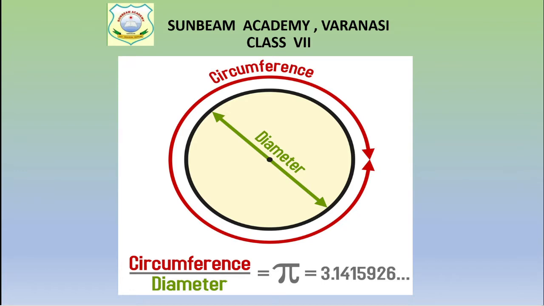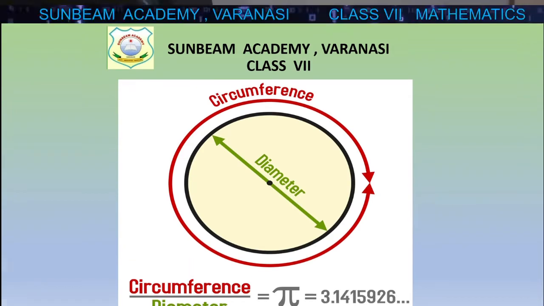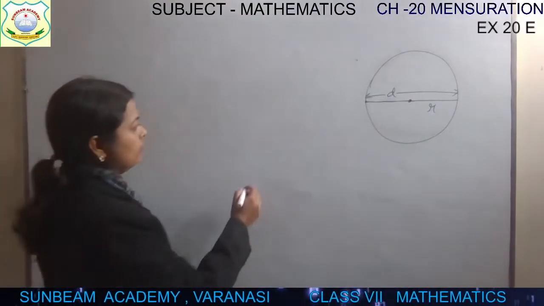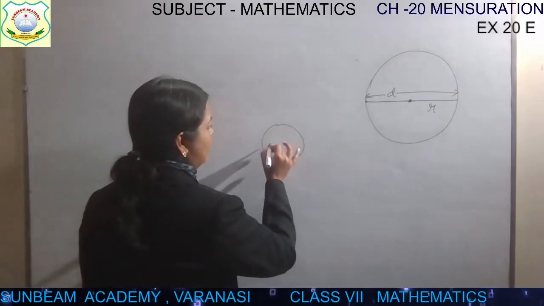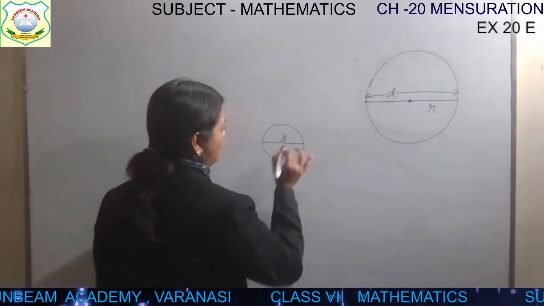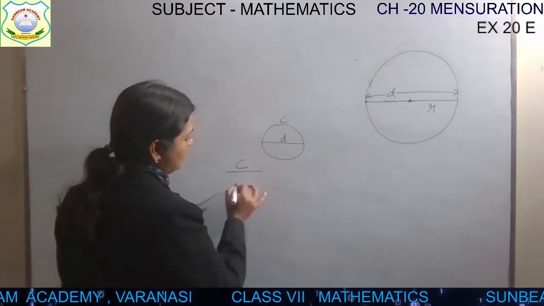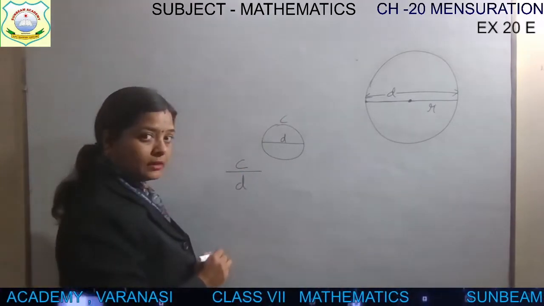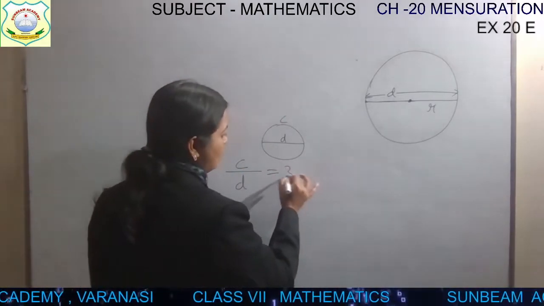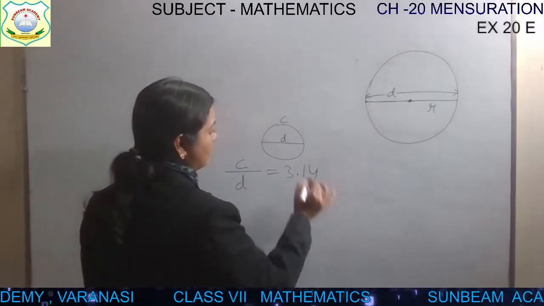And what is it? It is pi. It will always remain constant. Let's see here. If you draw a smaller circle, measure its diameter and find its circumference, whatever the circumference is, divide it by its diameter and the value will always be constant. This will be 3.14.